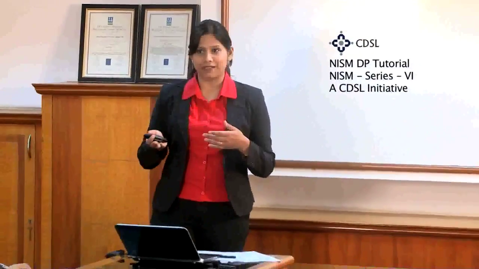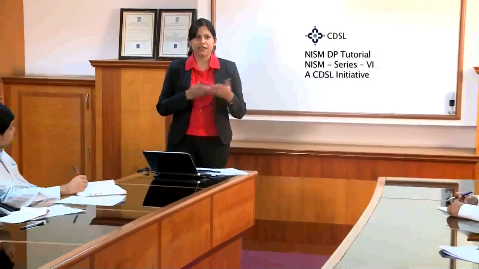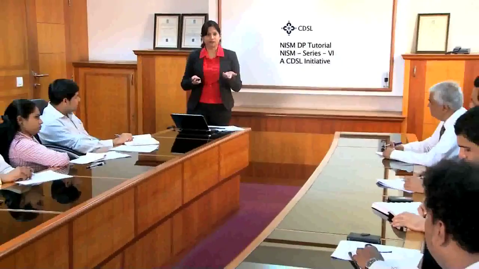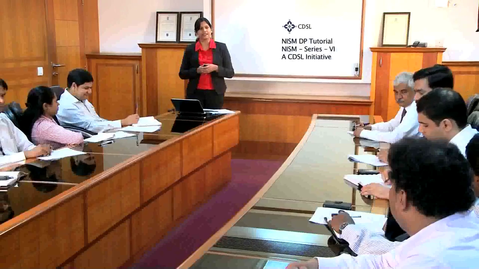Now, imagine a scenario where you have to demat shares and both the cases of transmission as well as transposition are present. In that case, can someone tell me what are the documents that are required? Yes? First, I think transmission form is required. Correct.